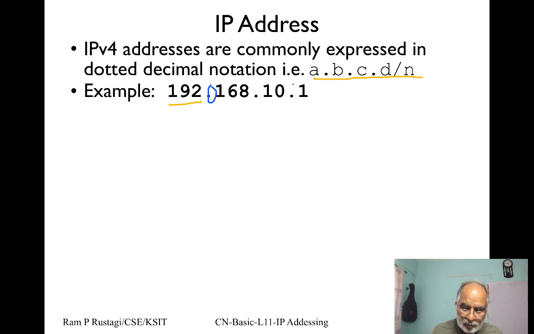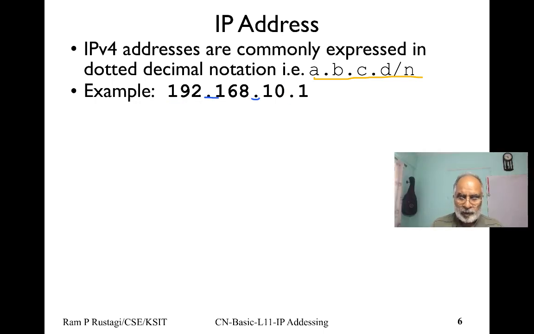When you separate them by a dot, 3 dots, this is also called DDN, or decimal dotted notation. So you take the 32 bits, divide into 4 octets each of 8 bits, write them in decimal form, and that becomes decimal dotted notation.